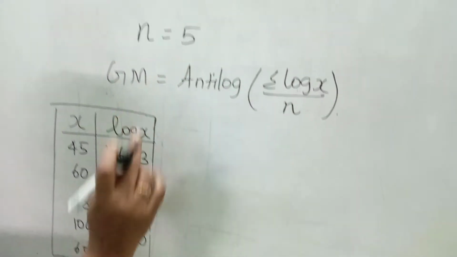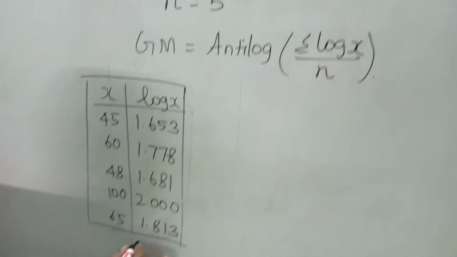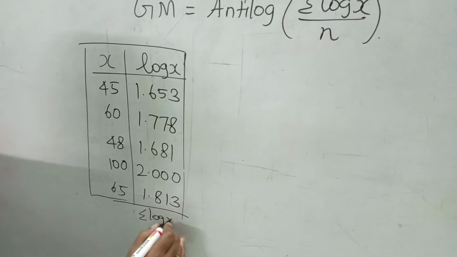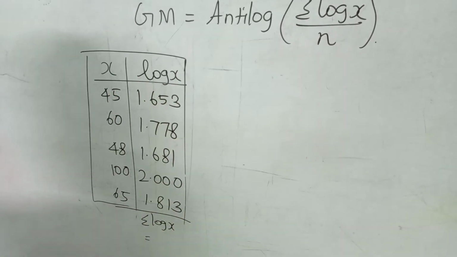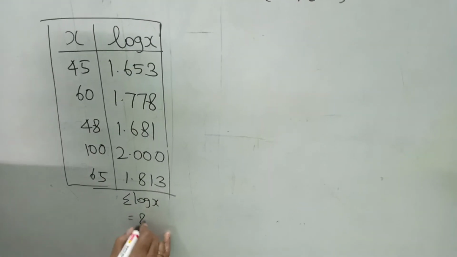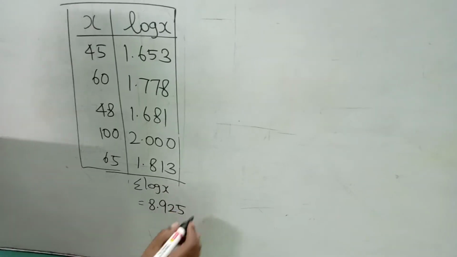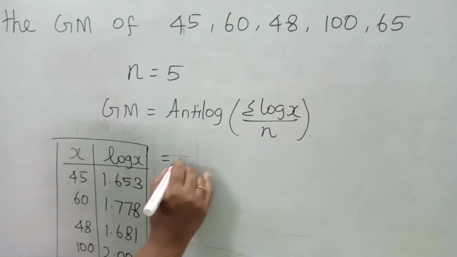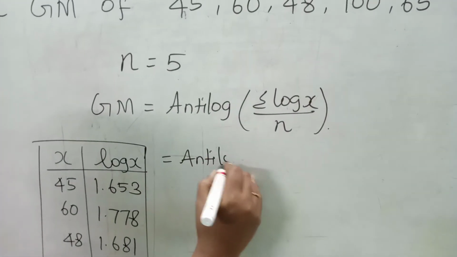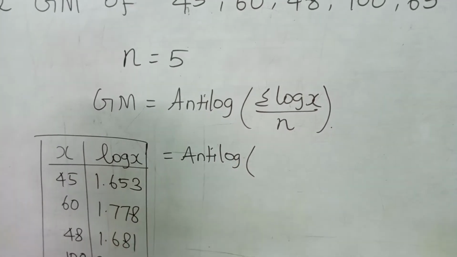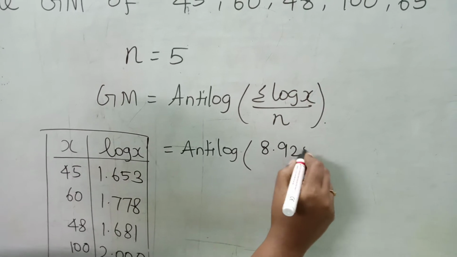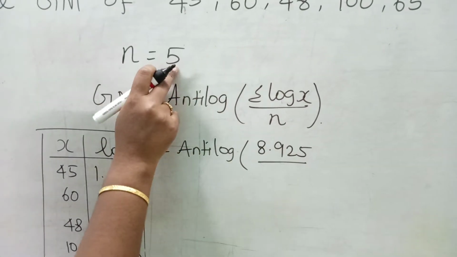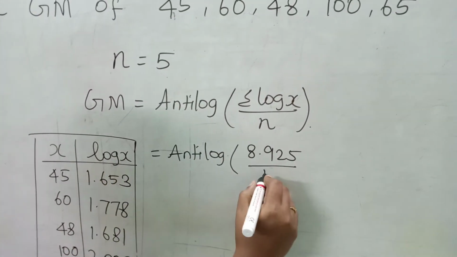We need sigma log x, therefore adding the second column with the help of the calculator, we get 8.925. Substituting the value in the formula, antilog of sigma log x, which is 8.925, divided by n, where n is equal to 5.